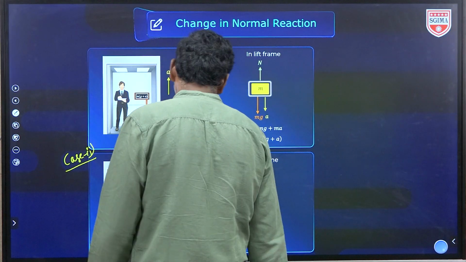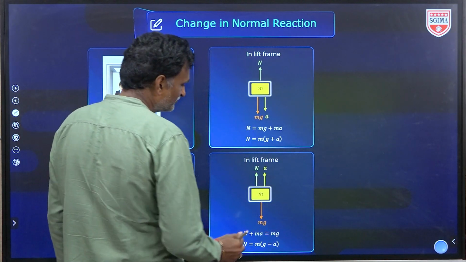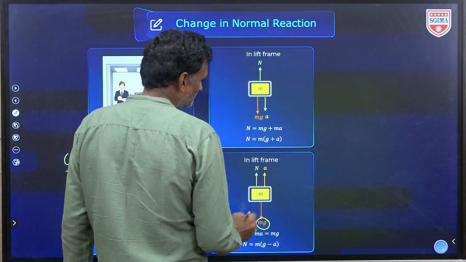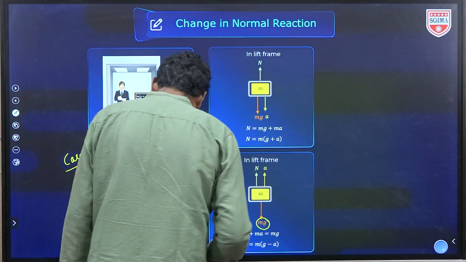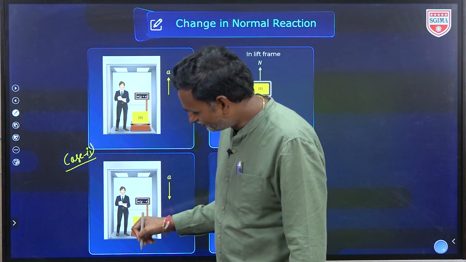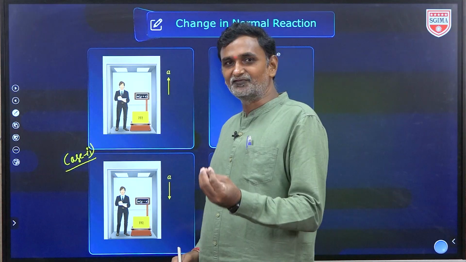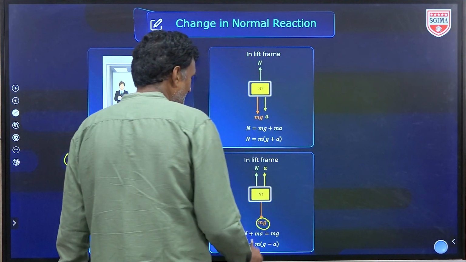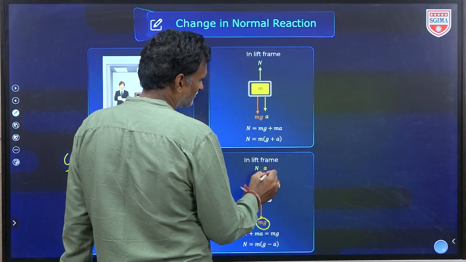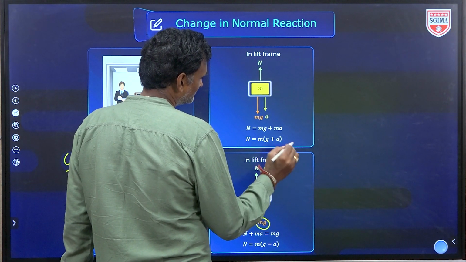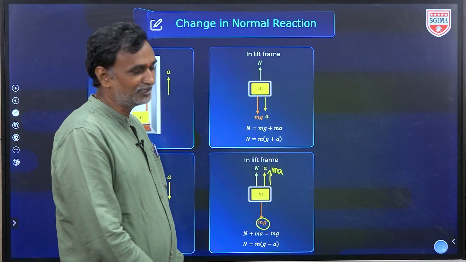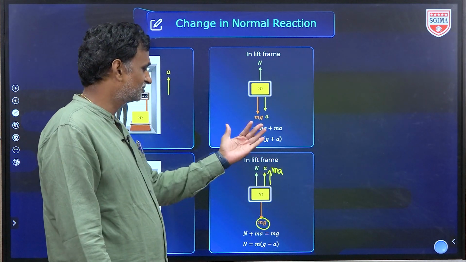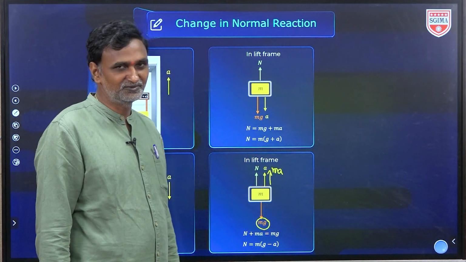So we find the free body diagram. The downward force is mg only, and N is upward. Whenever it is moving downward with acceleration, it feels a pseudo force opposite to the acceleration. The acceleration is downward, so the pseudo force acts upward. Then we make total force upward equal to total force downward.